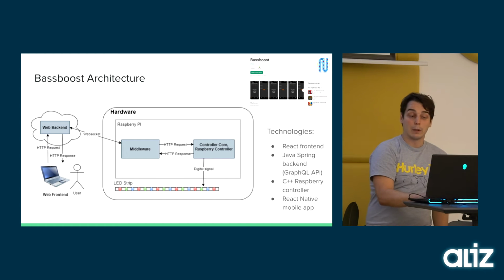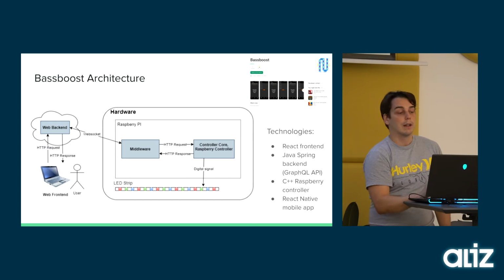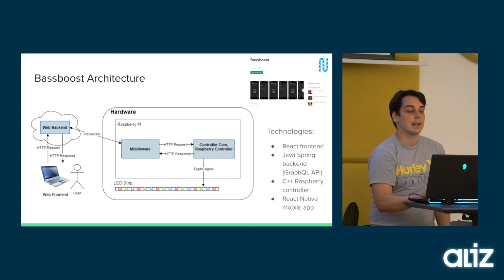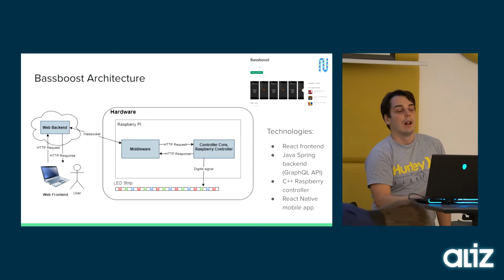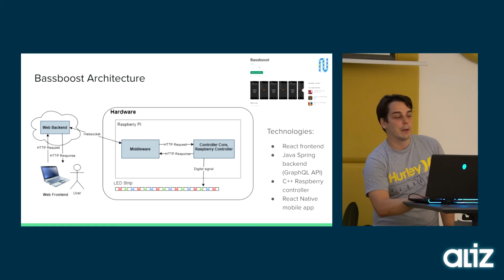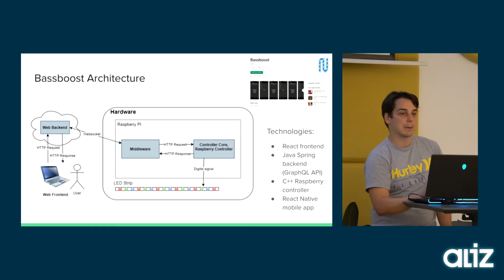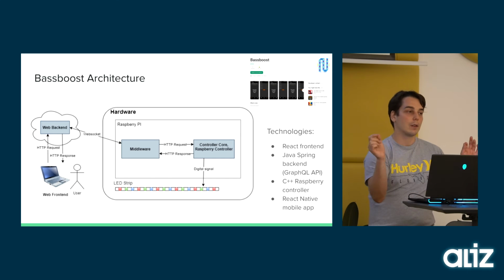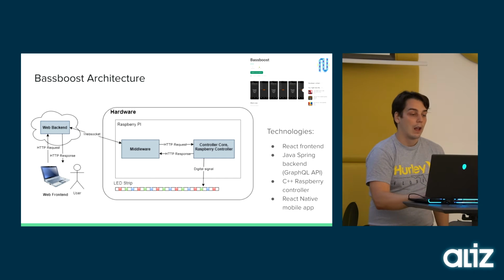There's also a middleware, which is a Node.js application. The only purpose of the middleware is that I was lazy to write a WebSocket connection in C++ because that's very hard and it was so much easier in JavaScript. So basically, it's just a proxy between the backend and the C++ application, so they can communicate with WebSocket.